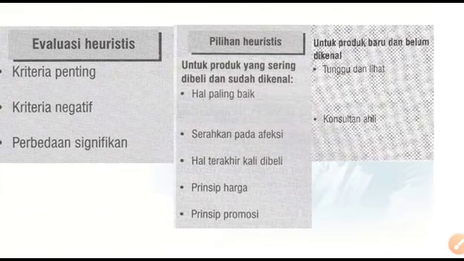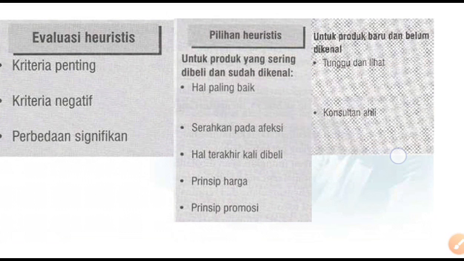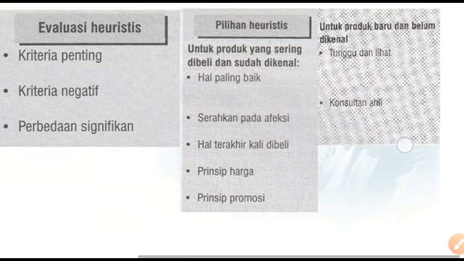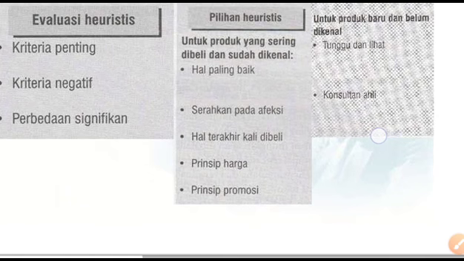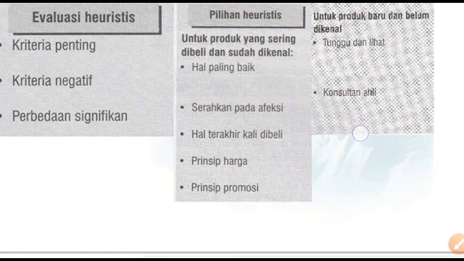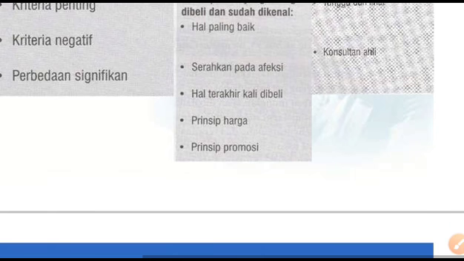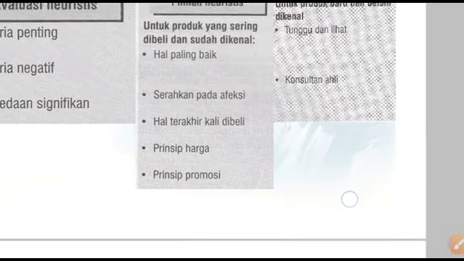After that, if it is a product seldom bought, the customer will do the best product, and then they will think the last buying is considered by price and promotion, yeah.